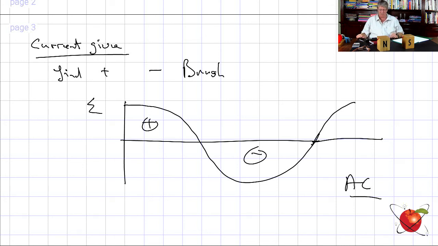Oh, question, how do I change an AC to a DC? Change the commutator from a slip to a split, or vice versa. Classic question again. So I've got the EMF and I've got a minus EMF there. Immediately, because I've got the shape, I've got that, right? Now look, it is starting at a plus value and going to 0.